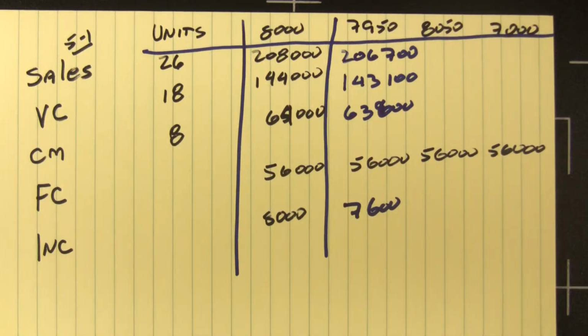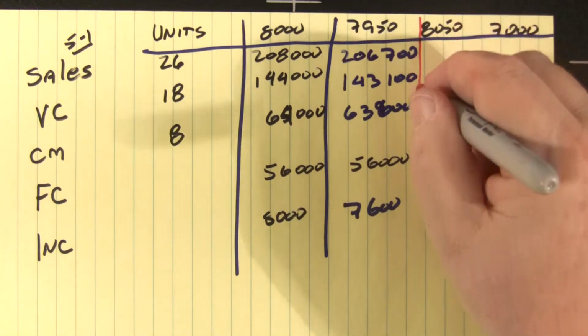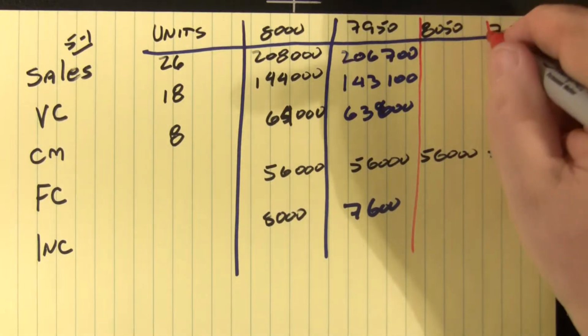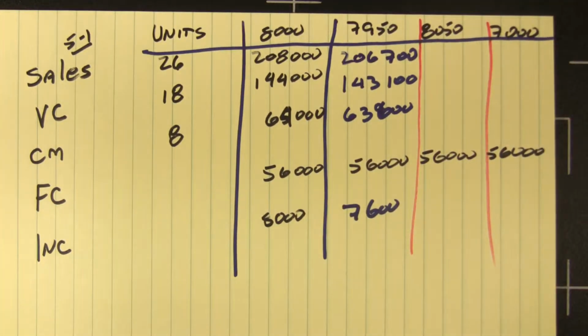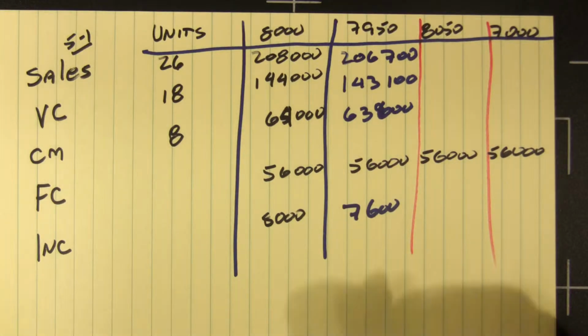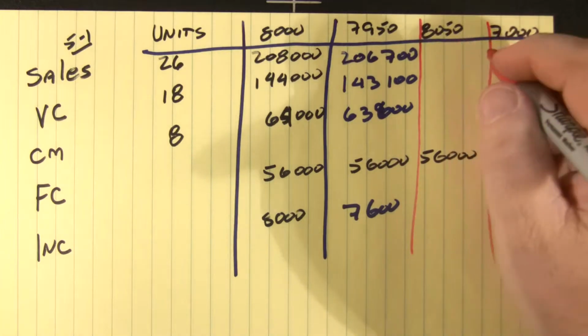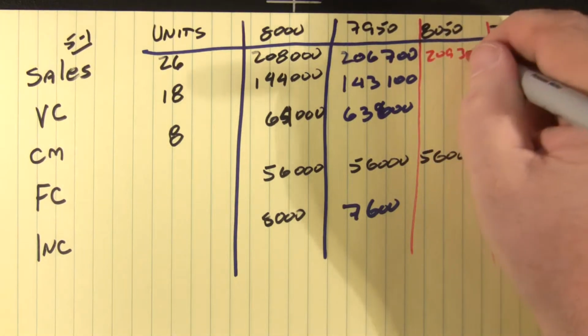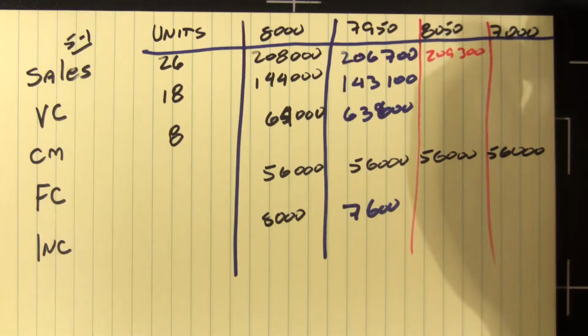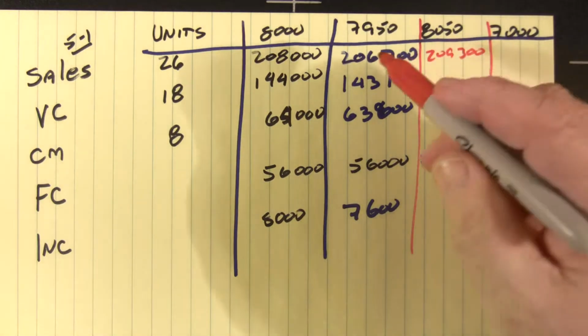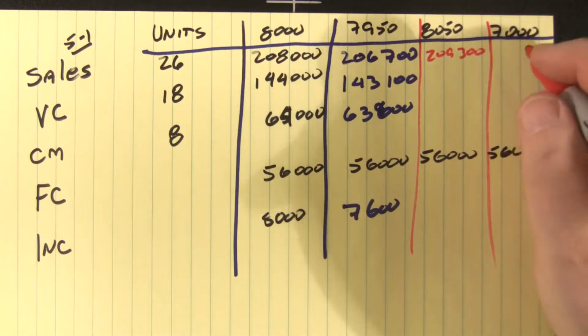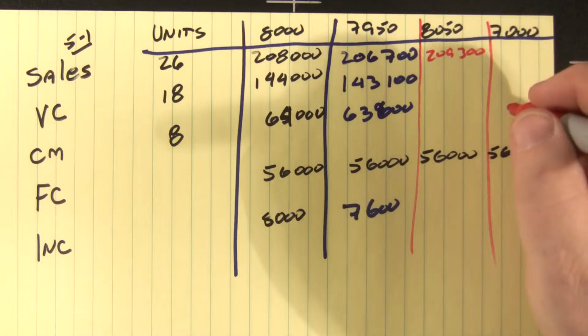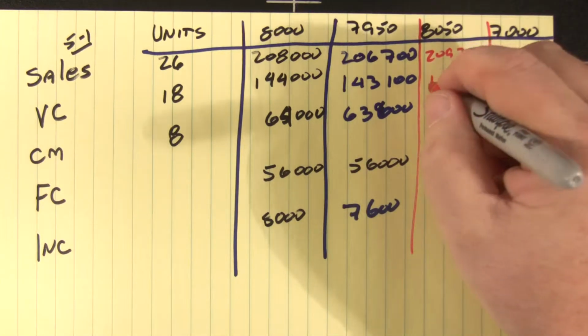Well, let's take a look what happens if instead of going down 50, we come up 50. I'm going to have to write a little smaller so you can see this. If we go up 50, our sales go up to 209,300. Our variable cost, again, 80.50 times 18 goes to 144,900.